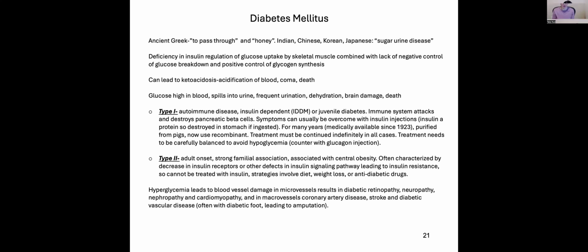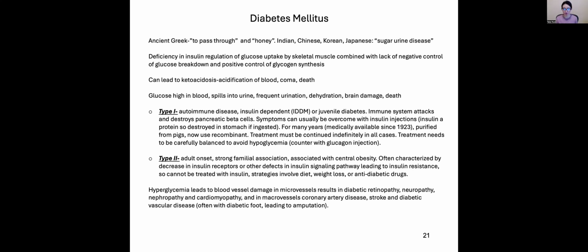And the symptoms can often be overcome by insulin injection. And we know that insulin needs to be injected because if we eat insulin, it is a protein, it will be destroyed by the stomach acid.